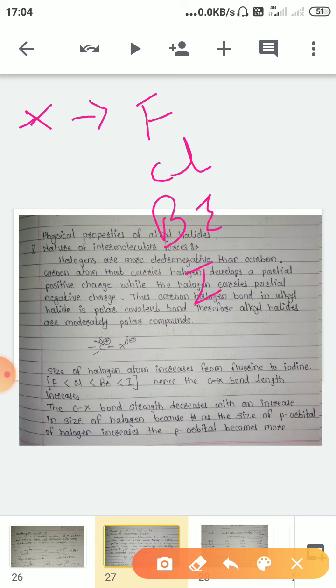Now from top to bottom, as the atomic number increases, atomic mass increases. And as the atomic number increases, atomic size also goes on increasing. So all the physical properties are related to electronegativity, atomic size, and atomic masses.